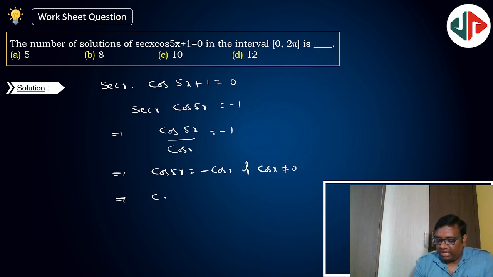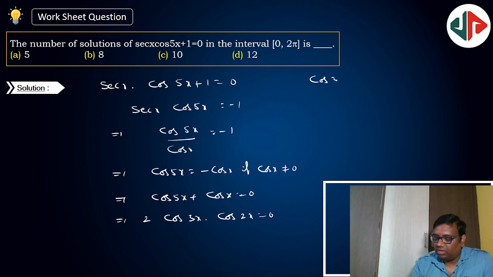Now again we can read this as cos of 5x plus cos x is equal to 0. Cos c plus cos d means 2 times cos of c plus d by 2 into cos of c minus d by 2. So cos 3x is equal to 0. Then what are the possible values? When will cos 3x become 0? 3x is equal to 90 degrees and 3 pi by 2.